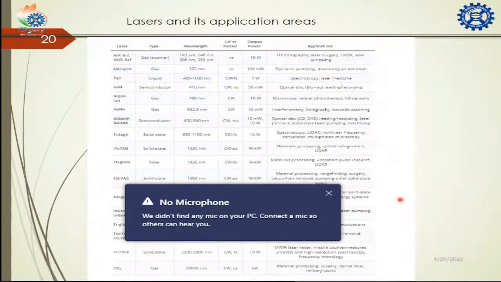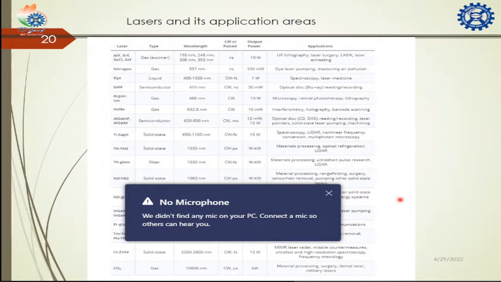I have these different kinds of lasers and their application areas, where they're used in different applications. Green lasers, for example, are used not only as a laser source, they're used for different applications also.